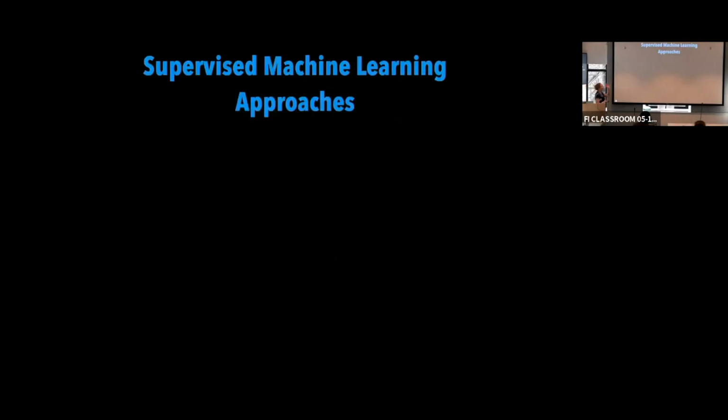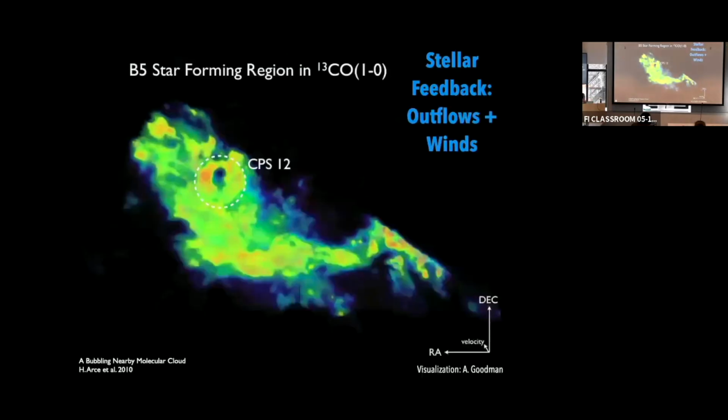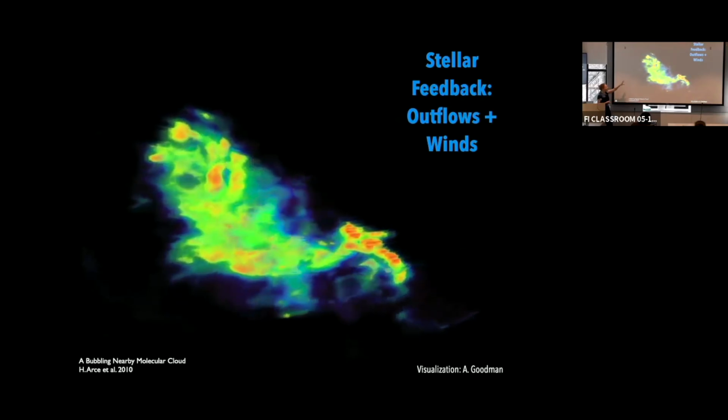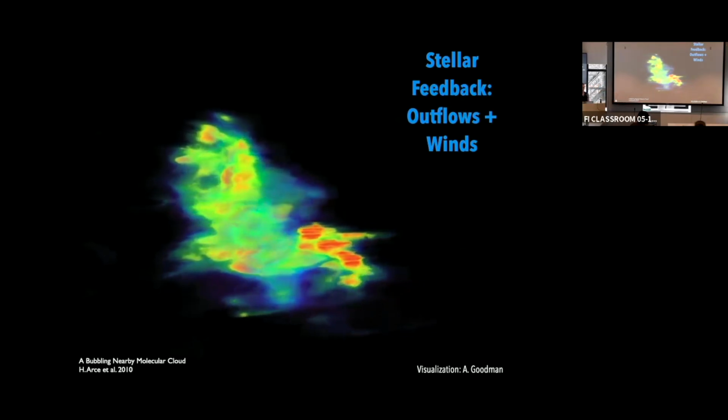All right, so we're going to enter into this through constructing a training set. When I got started on this, the structure that I was particularly interested in detecting was stellar feedback, right? So these outflows and winds, you can see we're trying to detect this very complex structure in this very smooth data.